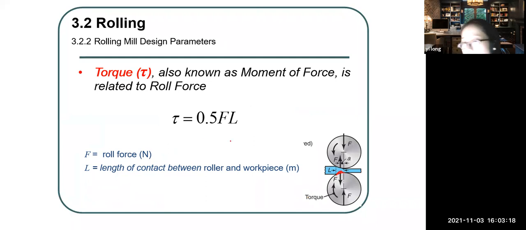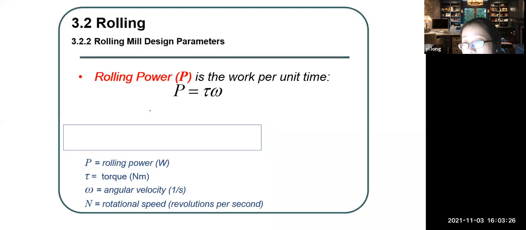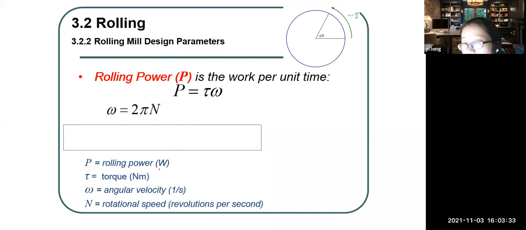Okay, so in the end, you just need time half of the length, right? Okay, so that's torque. So continue. So we have power. Power equals torque times angular velocity. Since if you just rotate 1 round, which is going to be 2 pi, but in 1 second, you can rotate n number of rounds.